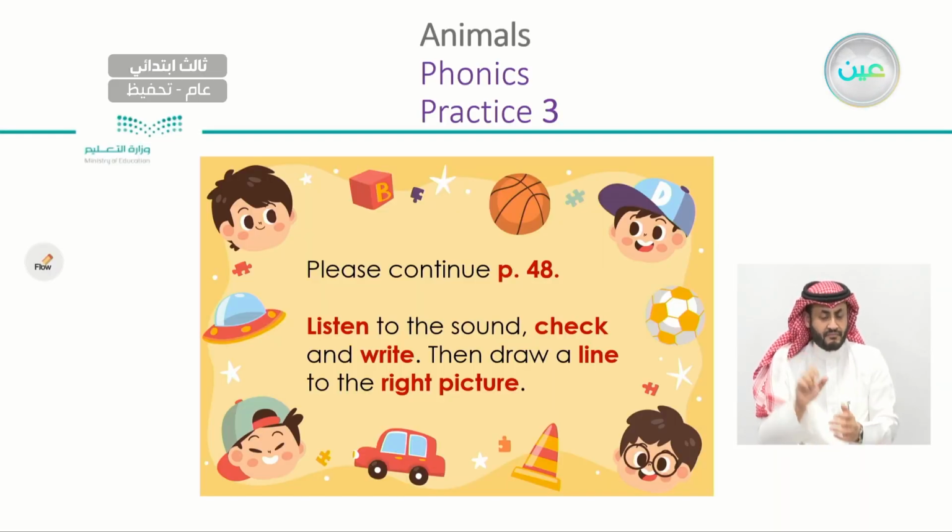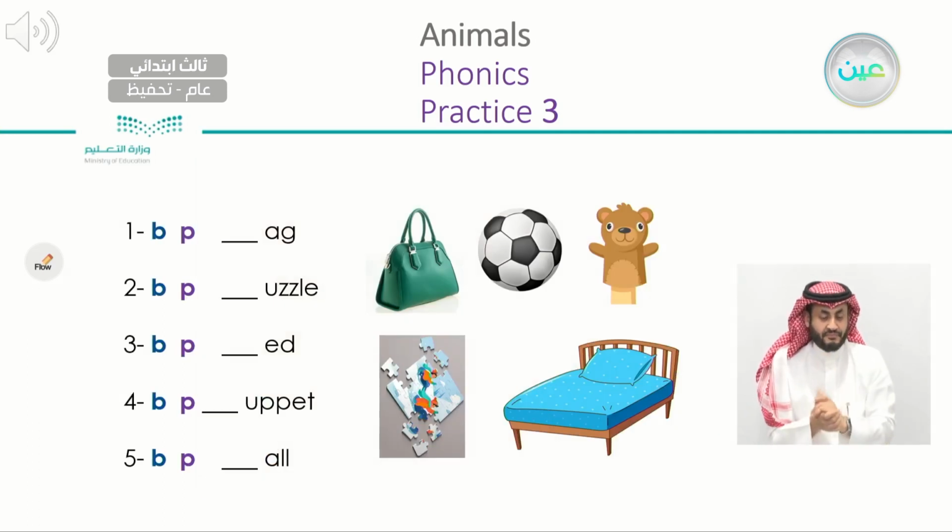We're going to do some matching. Listen to the sound, check and write. Then draw a line to the right picture. Number 1. B, b, bag. Number 2. P, p, puzzle.